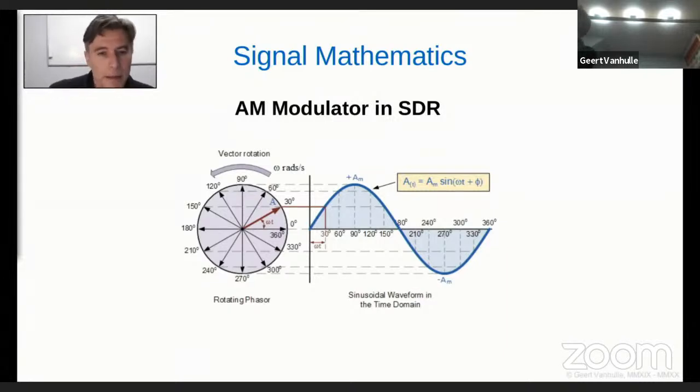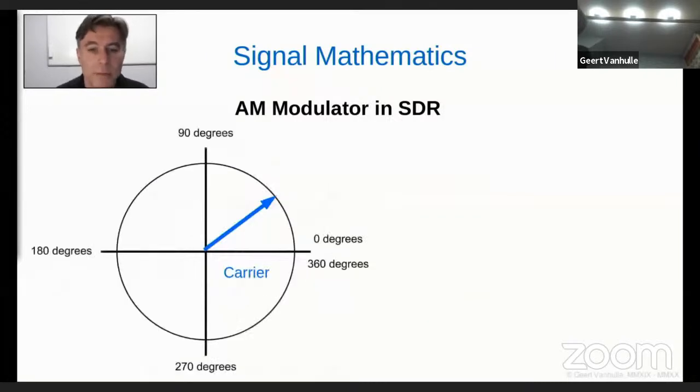Now, if we would compare this amplitude modulation signal in a vector diagram, as a rotating phasor, we would see this. We have actually a carrier that is a vector rotating with the carrier frequency. And if you would add modulation to that, we could see this as an additional vector on top of this carrier wave.